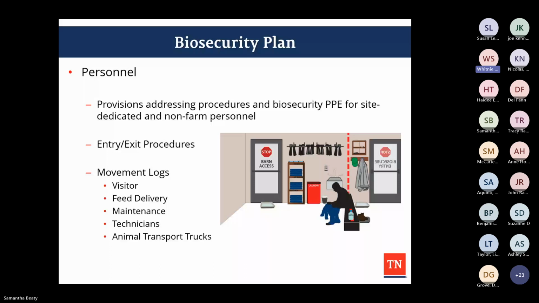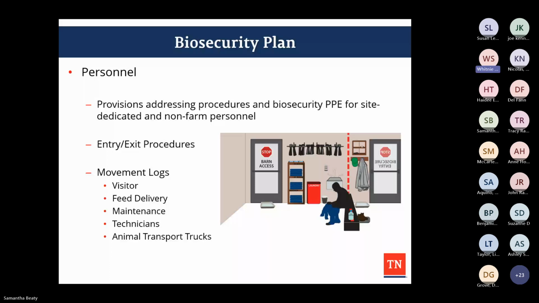This picture is an example of a Dutch entry system. You can see on the right there is a single door, so single access. In this system, an employee or someone visiting would take off their outer clothing. They would leave behind any unnecessary equipment like watches or jewelry. There's a foot bath.